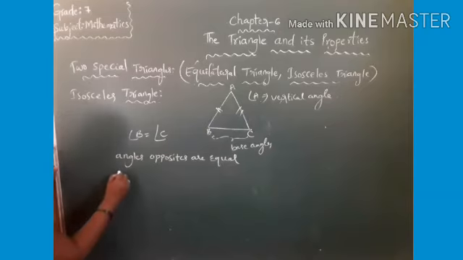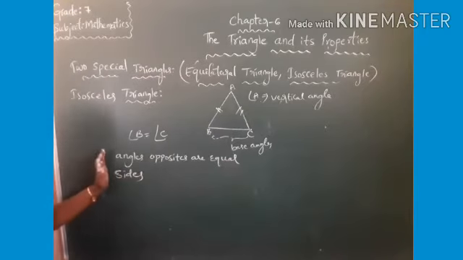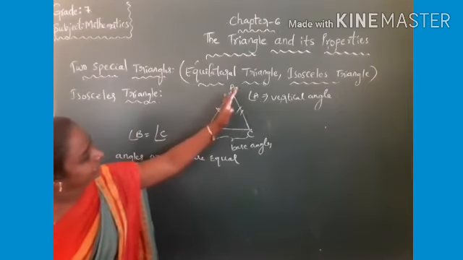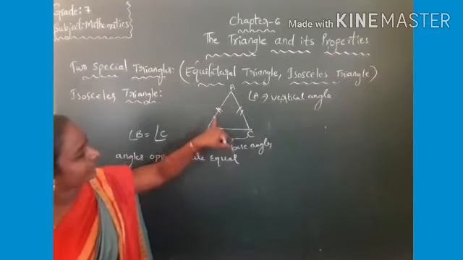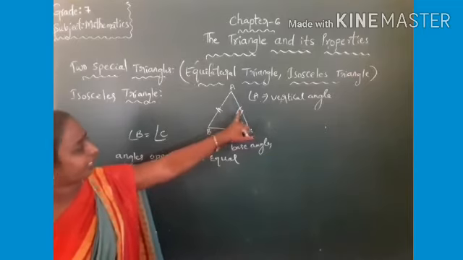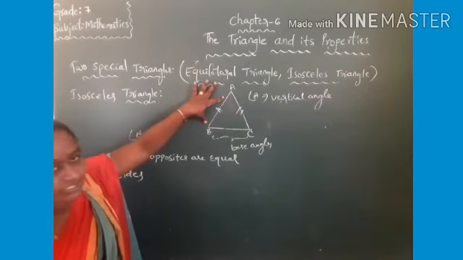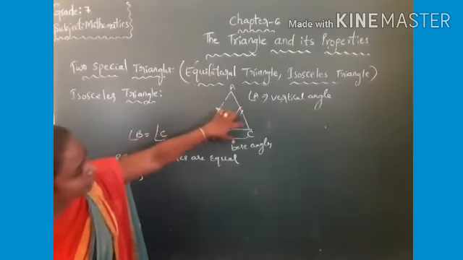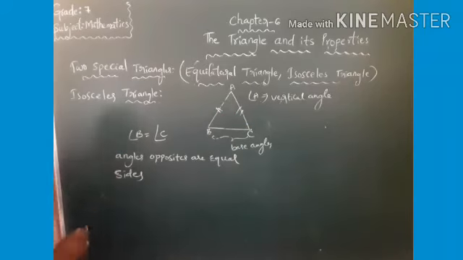Okay. In a triangle, if you take this side or this side, the sides' opposite angles are equal.